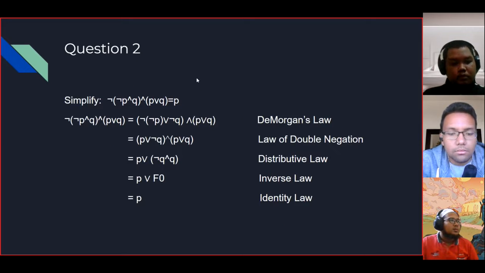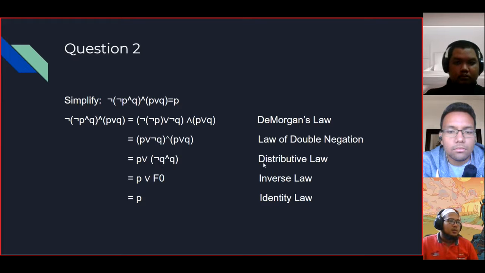And question 2, simplify this statement. As you can see, first we use the De Morgan law. We get this. And second, we use the law of double negation to change this negative to the positive.